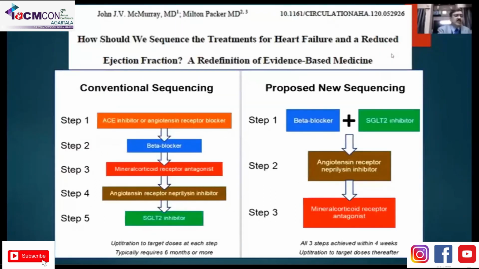So the two doyens of heart failure, John McMurray and Milton Packer, have suggested a proposed new sequencing when we are discharging patients of HF after initial management: beta blocker and SGLT2 inhibitors first, followed by ARNI, and last by MRAs. This is the new proposed sequencing they have suggested in a recent American Heart Association statement.